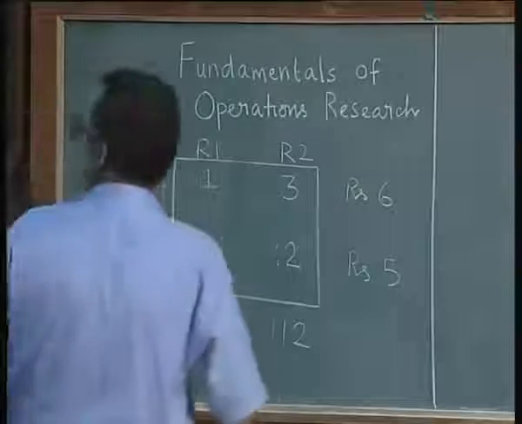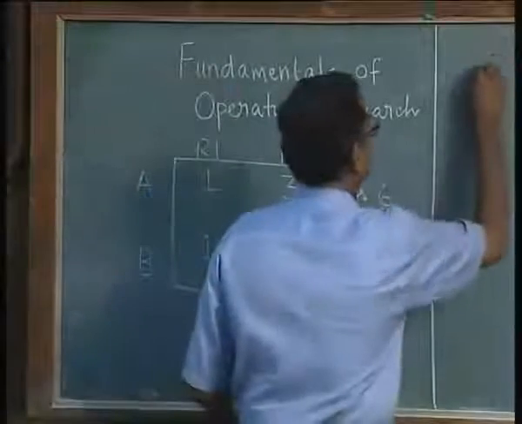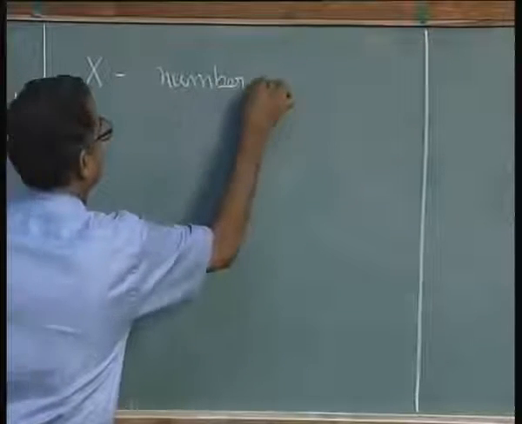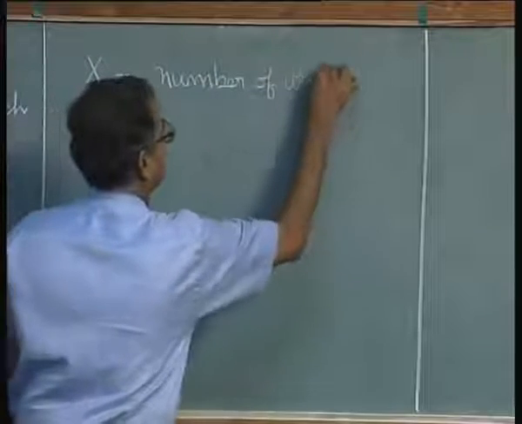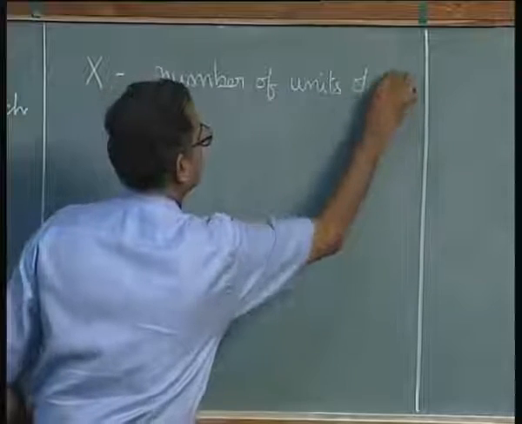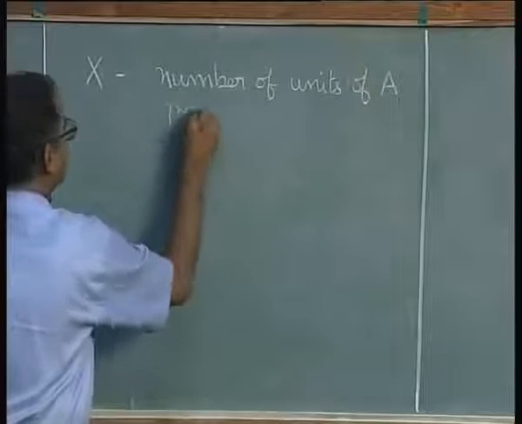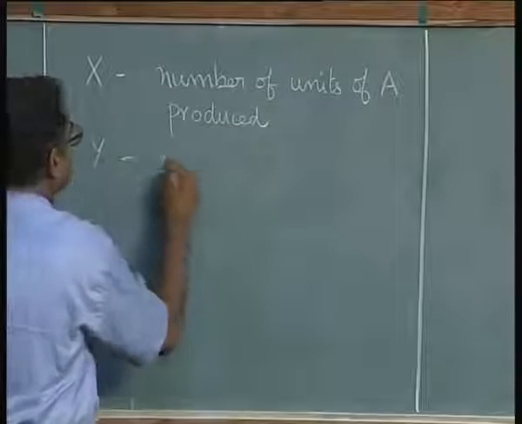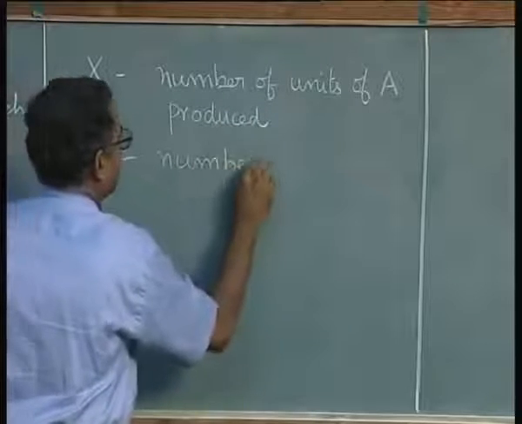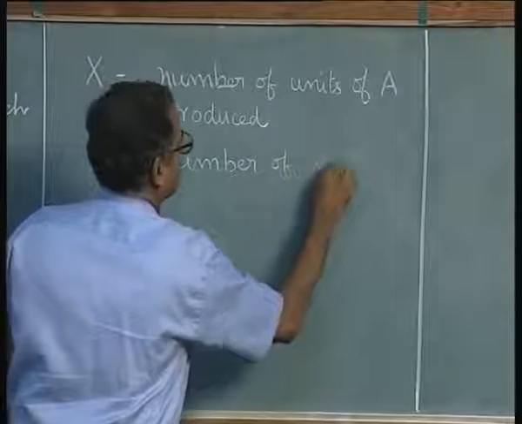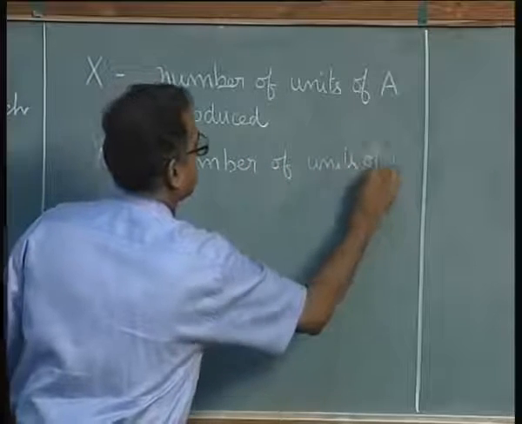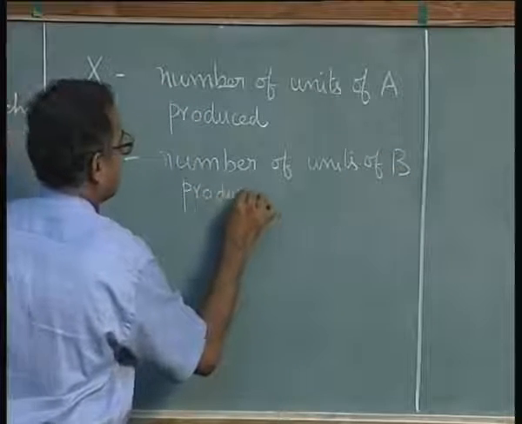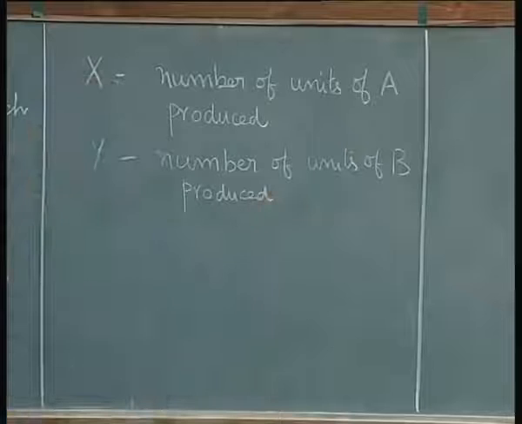So we first call these X and Y. So X be the number of units of A produced, and Y be the number of units of B produced.